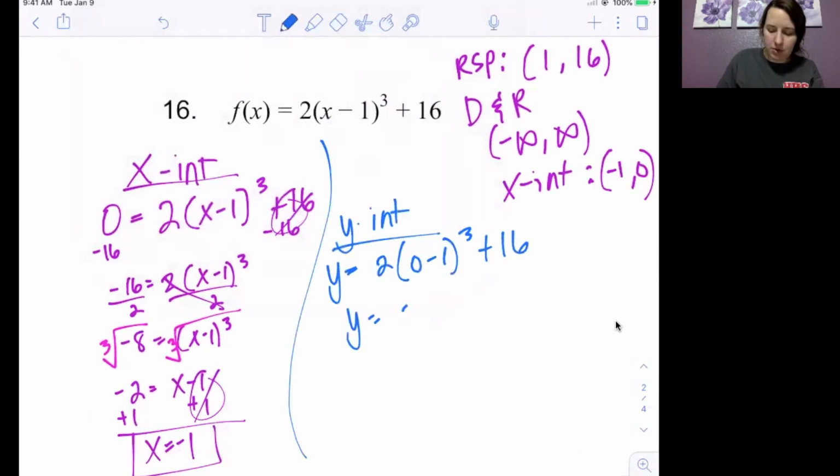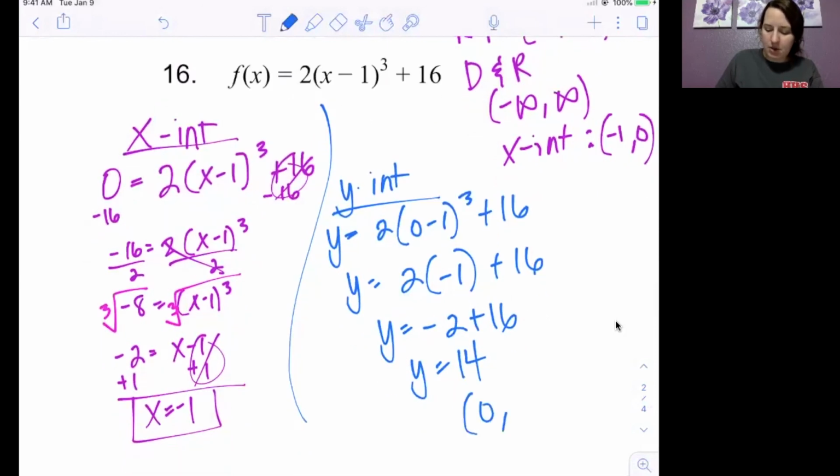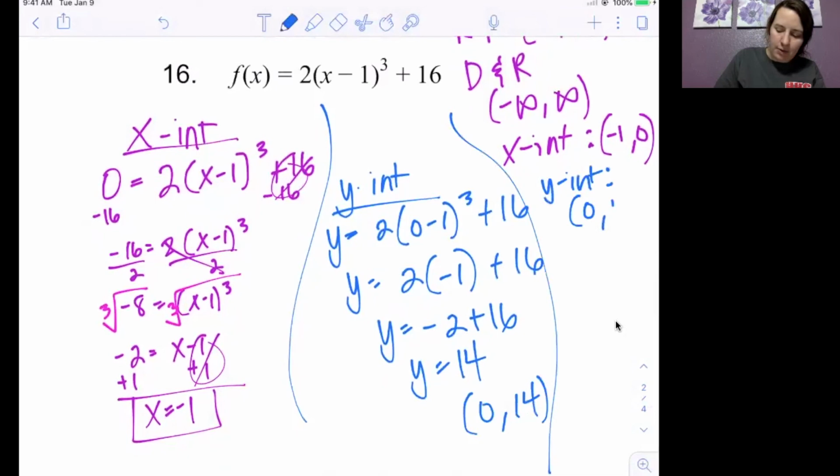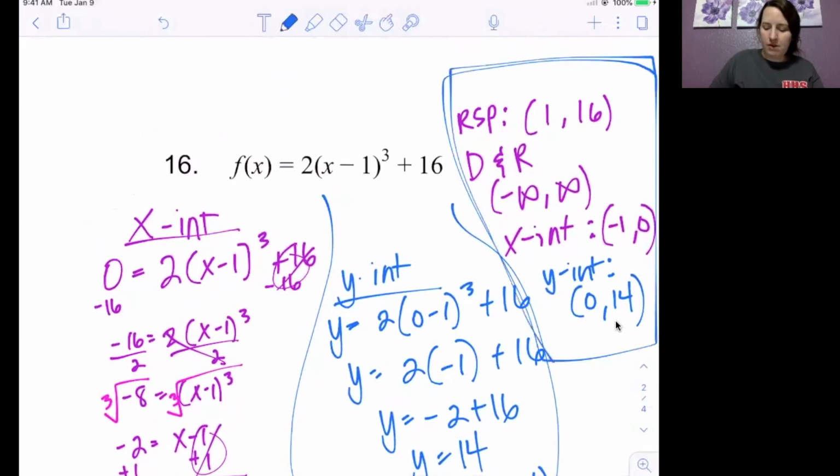So y equals 2 times -1 cubed, and -1 cubed is -1. 2 times -1, so y is -2 plus 16, or positive 14. We write it as an ordered pair. We get 0, comma 14. So here my y-intercept is at 0, comma 14. And of course, like I said earlier, you could type it into Desmos and check all of these answers.